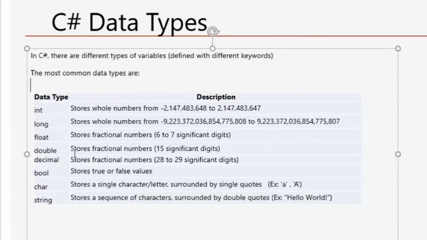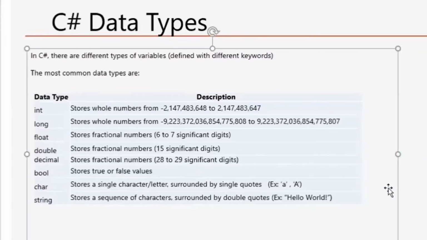The disadvantage is that instead of an int, if you use a long, it occupies more memory space. When it is required, then we go to a long. So that is about the data types.